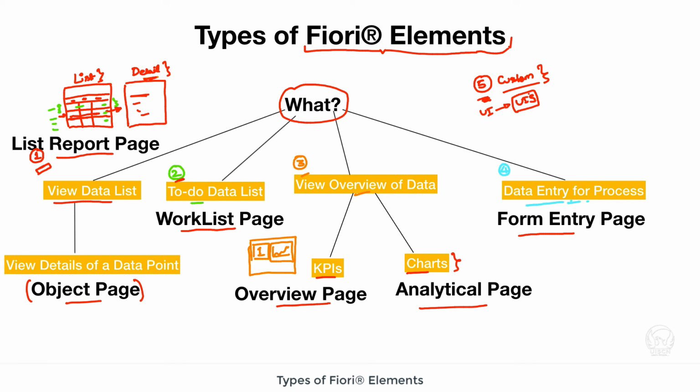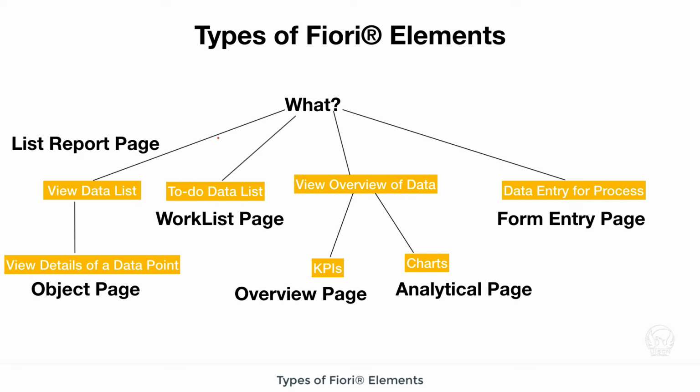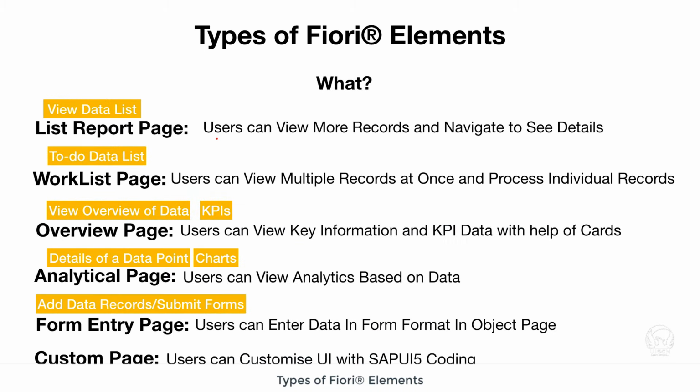Okay, so this is the overview of the different types of Fiori elements, what are the different categories the Fiori element apps will be used in. We will just summarize this once more before we move to the next section.